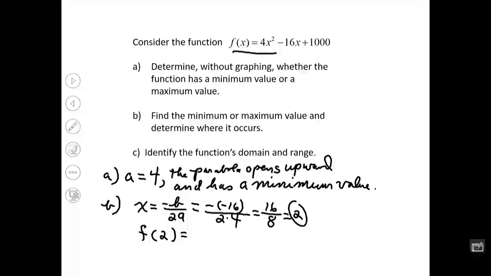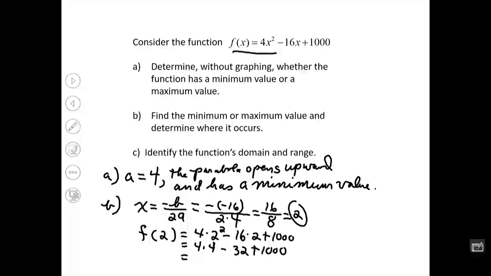So we have 4 times 2 squared minus 16 times 2 plus 1,000. So if we do the math, we have 4 times 4 minus 32 plus 1,000.